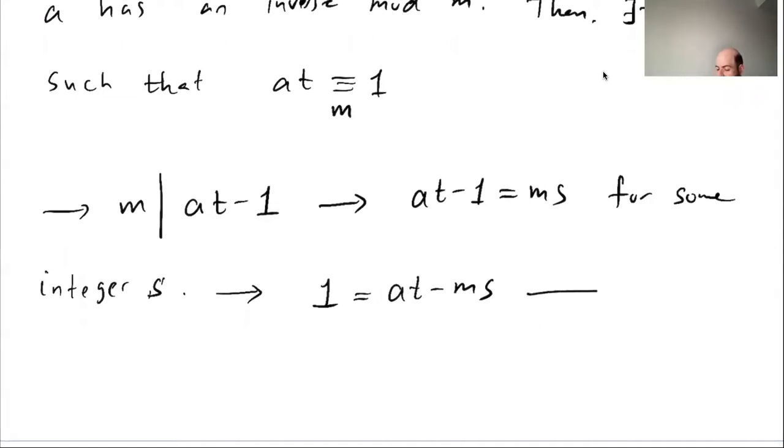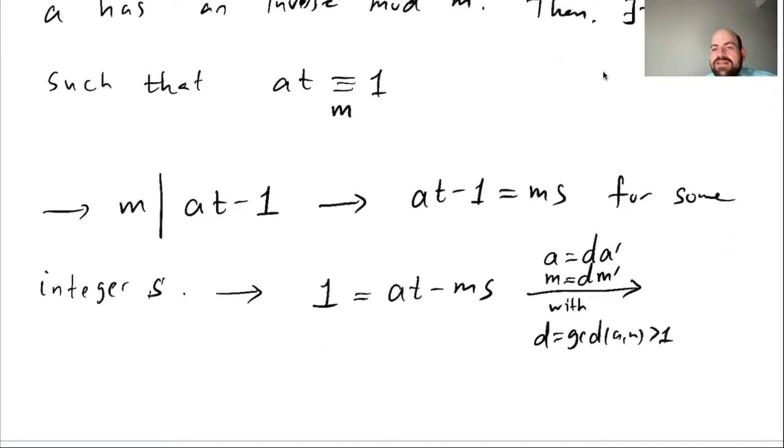So I can write A in the form dA prime, and M in the form dM prime, with D bigger than 1. Here D is the GCD, which is bigger than 1.